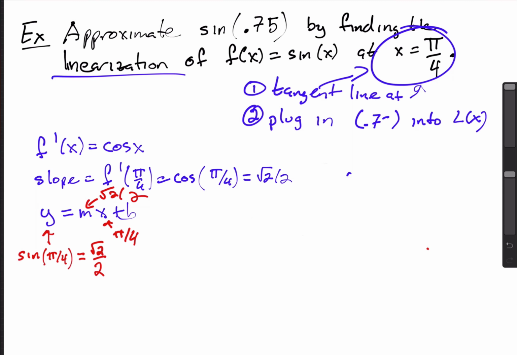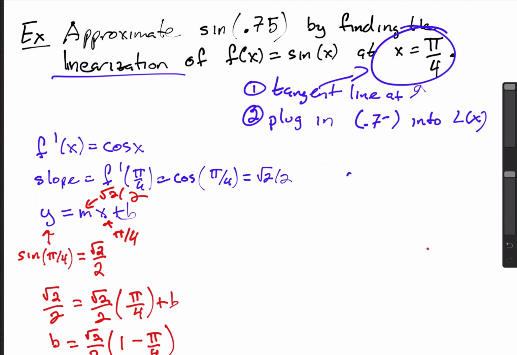Okay, and then we solve for b, right? So then we have root 2 over 2 equals root 2 over 2 times pi over 4 plus b. So b is equal to root 2 over 2 times 1 minus pi over 4. Okay. So this is b. So is that enough to find the equation of the tangent line?